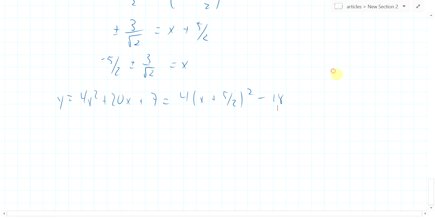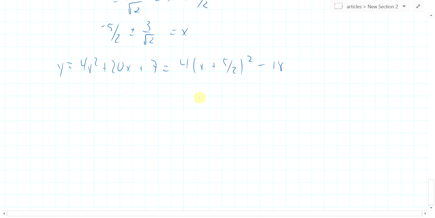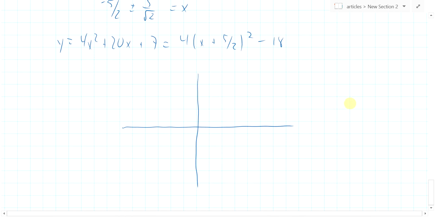This is not going to be to scale, but I can graph it from this thing. So we'll say move left 5 halves, so we'll say that's here. Down 18, we'll say 18 is down here somewhere, so there's my vertex. Scaled by 4, so if we go 1 over, we'd have to go up 4, and so that would give me to minus 14.